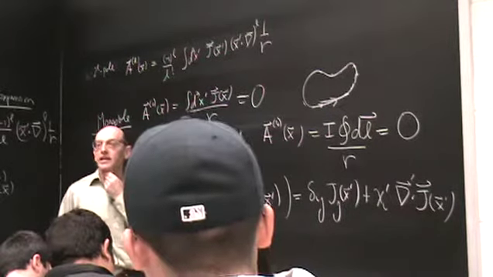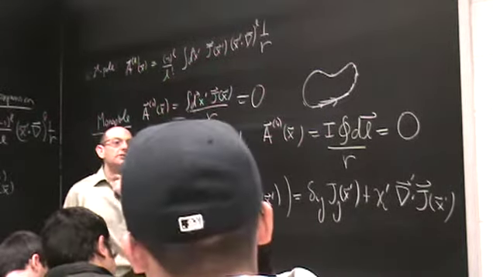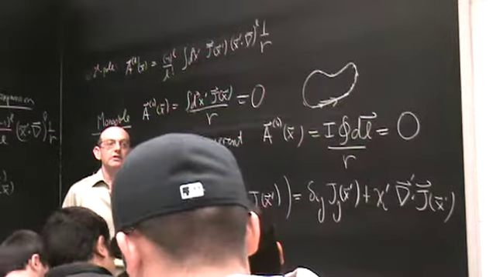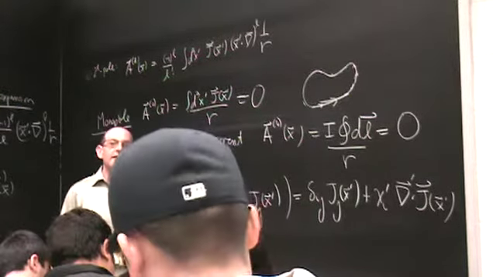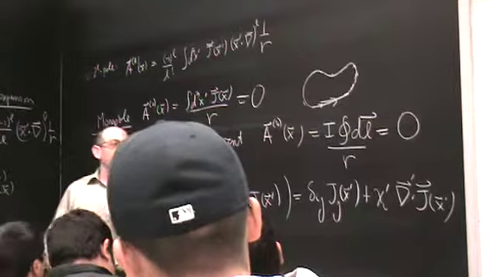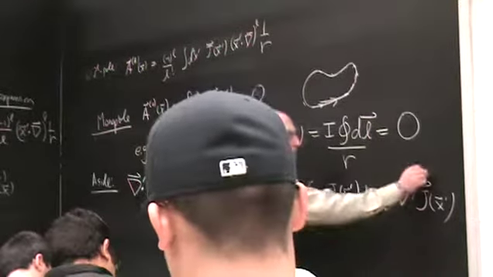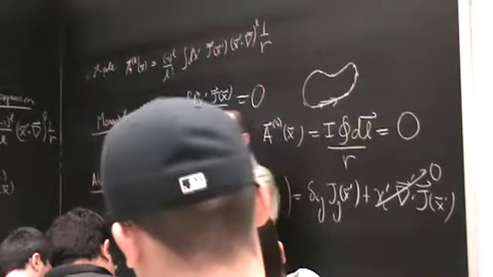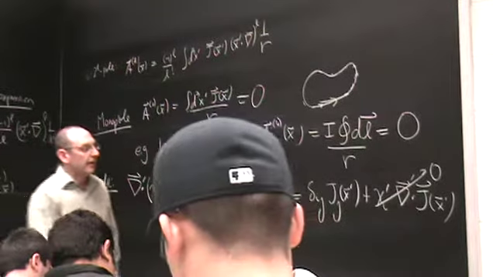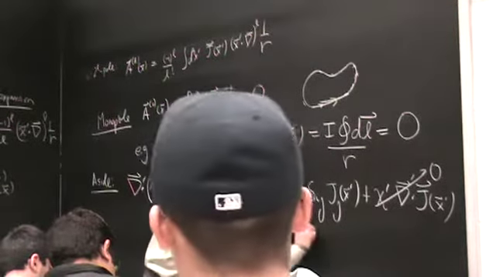But what's del dot j? It's the negative of d rho dt. In this case, we're talking about magnetostatics, so this is 0. Del dot j is 0 in magnetostatics. Sum over j is ji.